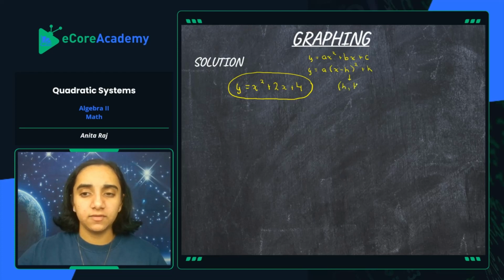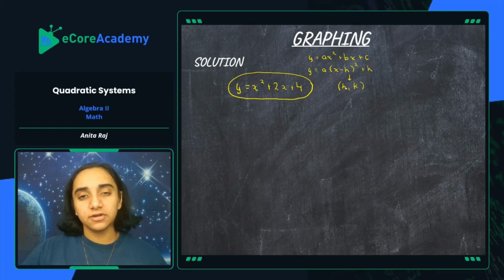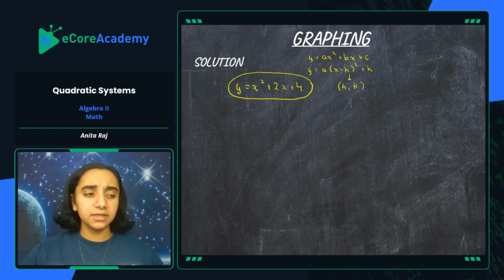If we were given the quadratic equation in vertex form, we could derive the vertex easily. However, we've been given it in standard form, so we need to convert this.